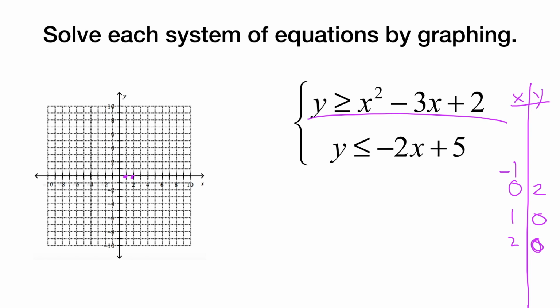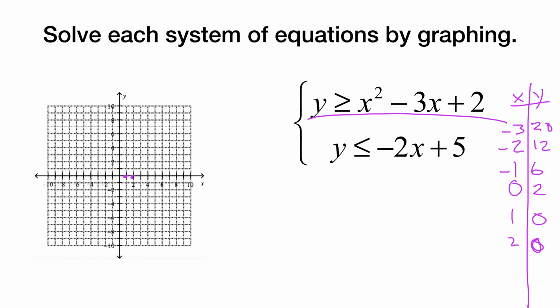Negative 1, that becomes 1 minus 3 times negative 1, so 1 plus 3 is 4, plus 2 ends up being 6. And then at negative 2, 4 plus 6 plus 2 is 12. Negative 3, 9 plus 9 is 18, plus 2 is 20.